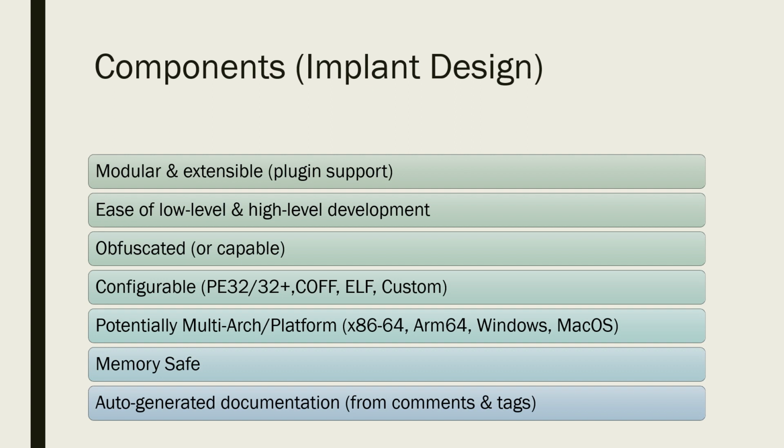We want it to be memory safe where possible, which is why we'll also be using Rust, not just for some of the other benefits it gets us in development, but also for its safety features. And auto-generated documentation from comments and tags, which is in Rust, which is quite handy as well.